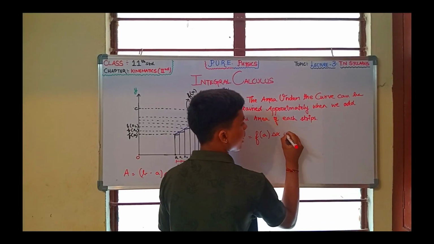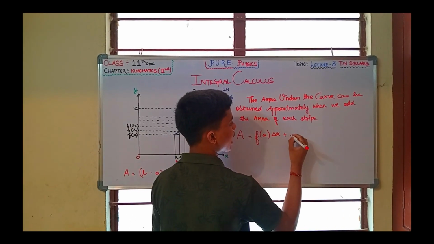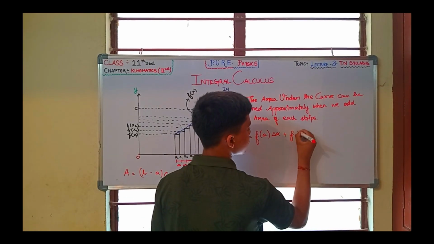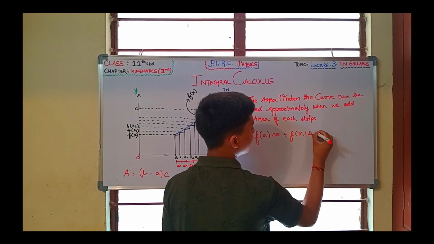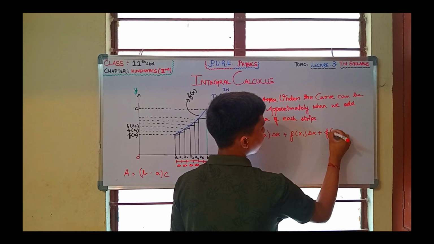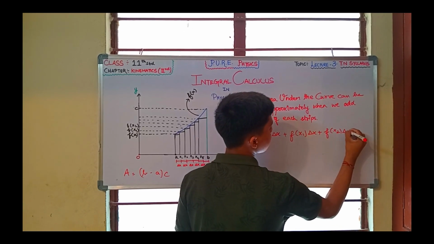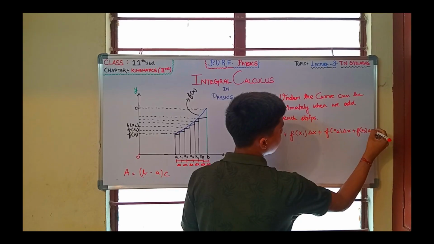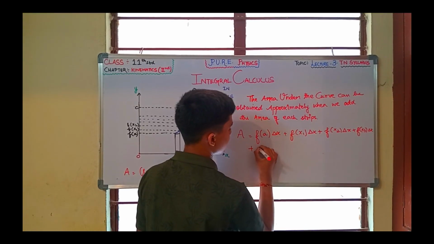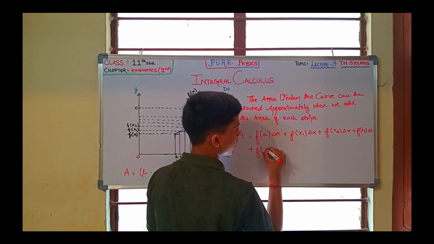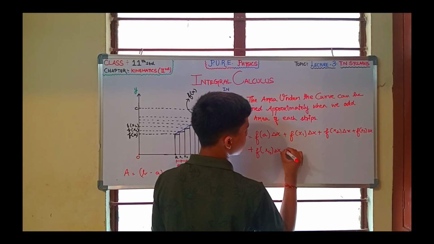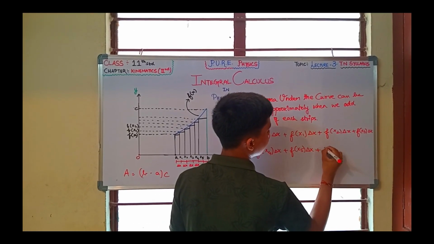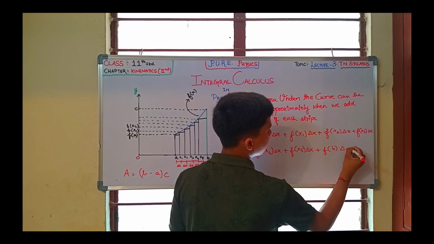Now we need to repeat this for the other strips: f of x1 into delta x plus f of x2 into delta x plus f of x3 into delta x plus f of x4 into delta x plus f of x5 into delta x plus f of b into delta x.